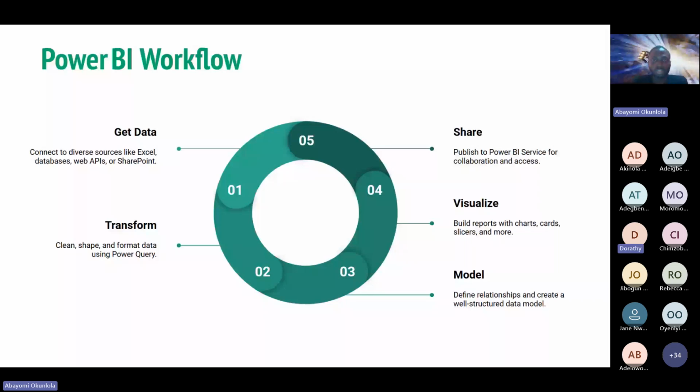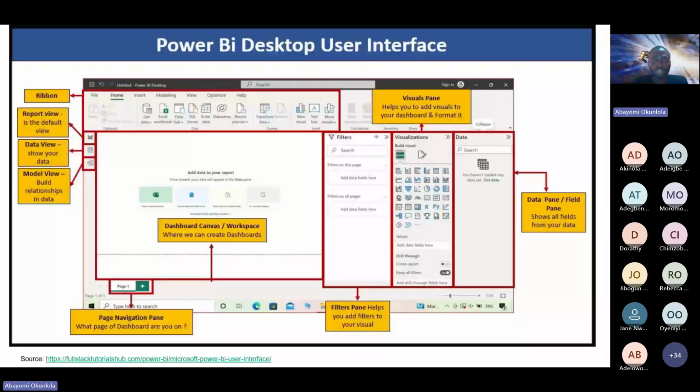Okay, so now we have the Power BI Desktop interface. We are still going to launch the app, but with this, we can become familiar with the application. We have the ribbon at the top, where you have File, Home, Insert, all these groups together. Then towards the left-hand side, you have the report view, the data view, and the model view.